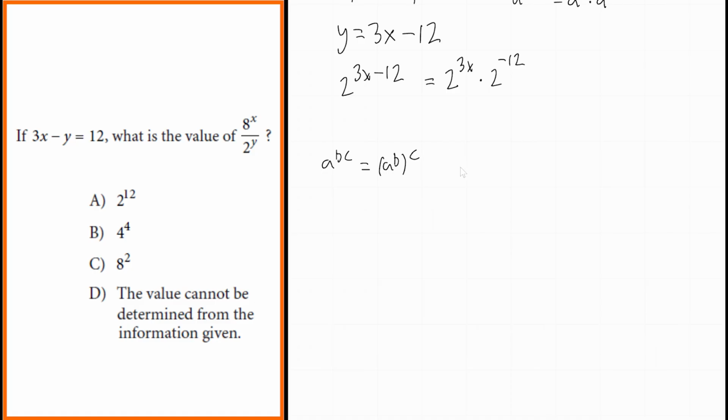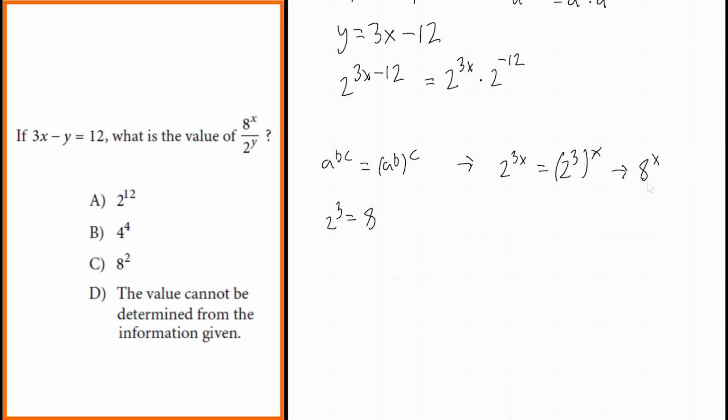And so right here, what this means for us is that this 2 to the power of 3x is the same thing as 2 to the power of 3 to the power of x. And this is very convenient for us because if we simplify, 2 to the power of 3 is just equal to 8. So this is in fact the same thing as saying 8 to the power of x.